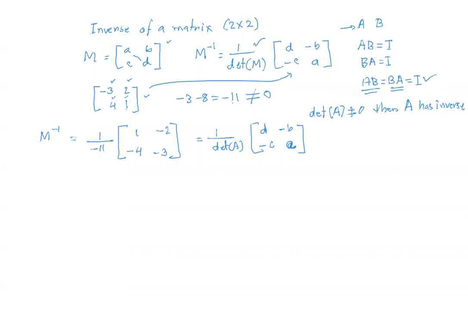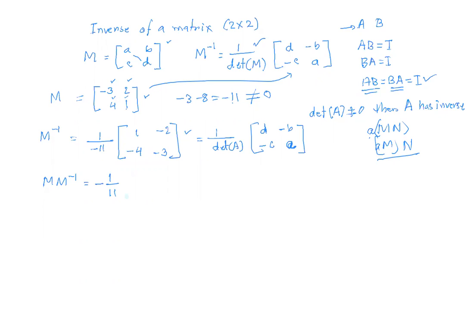So let's call this M, and let's find M times M inverse. Okay, M times M inverse. What I'm going to do is take this -1 over 11 in front. Then I'm going to multiply this matrix with this matrix, because remember, a constant A times two matrices M and N is the same as A times M times N. This is scalar multiplication.